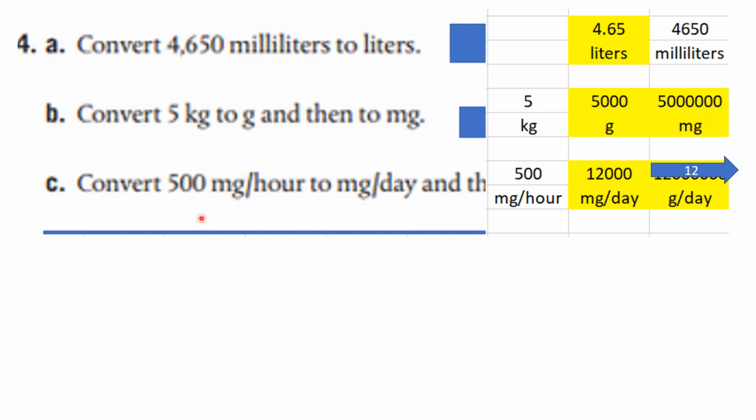And finally, if I take 500 milligrams per hour times 24 hours, I get 12,000 milligrams per day. And since there are 1,000 milligrams in a gram, that is going to be 12 grams per day.